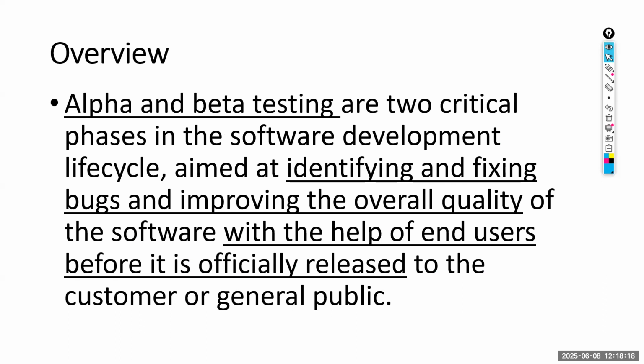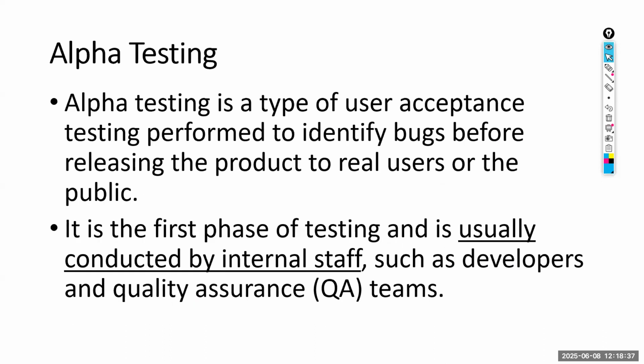That is called alpha and beta testing. So initially we do alpha testing. Then when we are confident that it's fairly stable, we upgrade it to beta testing. And then only we do our official release.